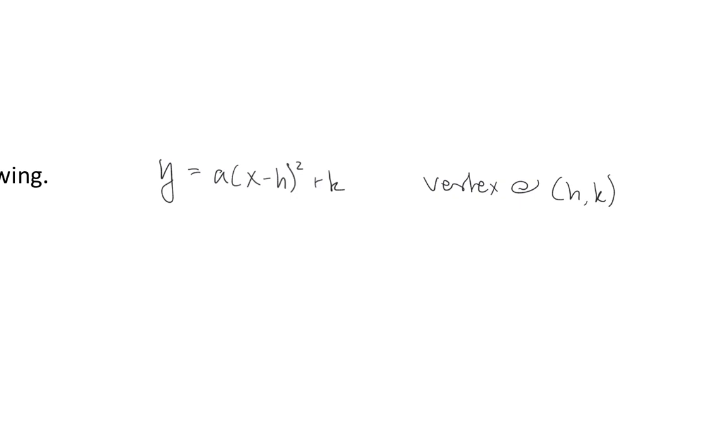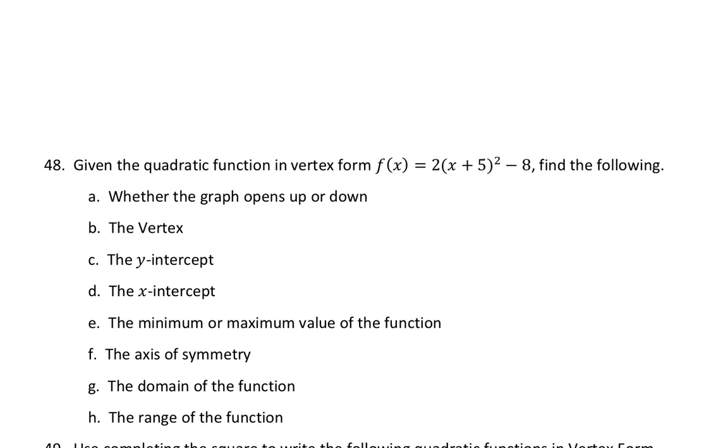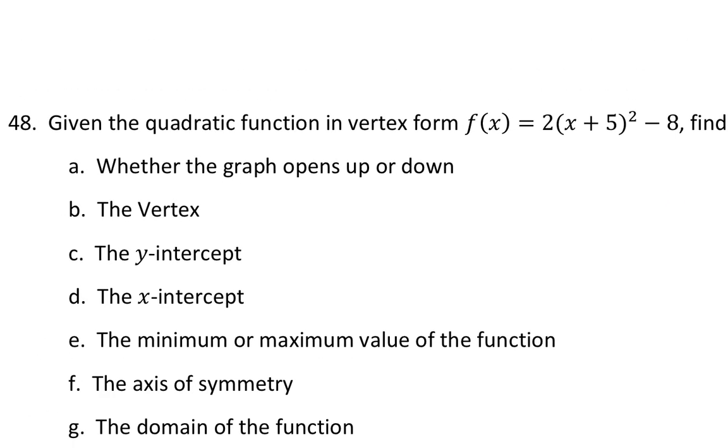All right, so now going to part A, we want to know whether the graph opens up or down. The main point that's going to be influenced by is that 2 in front. So because that 2 is positive, that means it's going to open up.